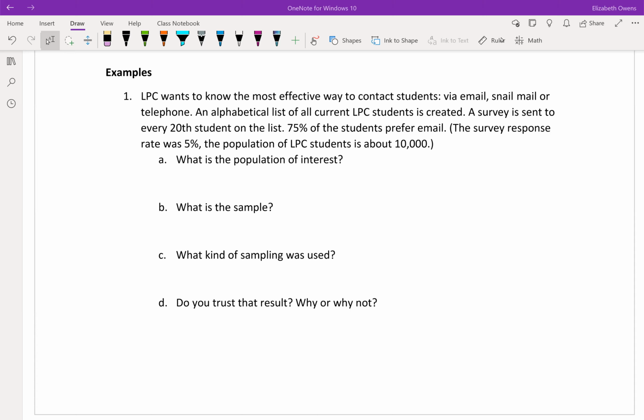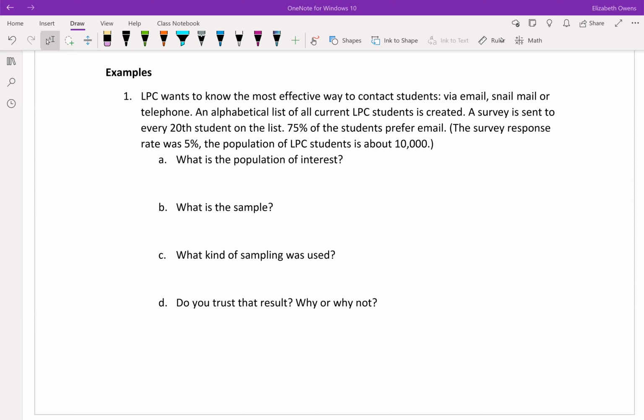An alphabetical list of all current LPC students is created. A survey is sent to every 20th student on the list. 75% of the students prefer email. The survey response rate was 5%, and the population of LPC students is about 10,000.